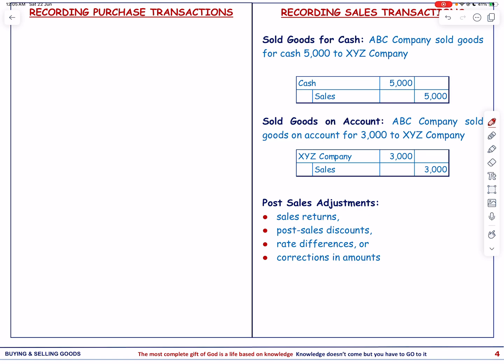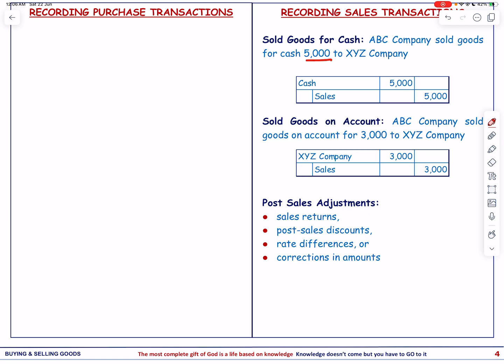So let's begin by recording some basic sales transactions, starting with the simplest example. ABC company sold goods for cash 5,000 to XYZ company. So cash is debit and sales is credit. Now we can use revenue also, depending upon the accounting policy of the firm, obviously.